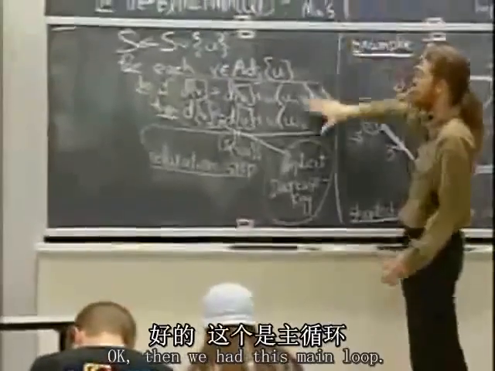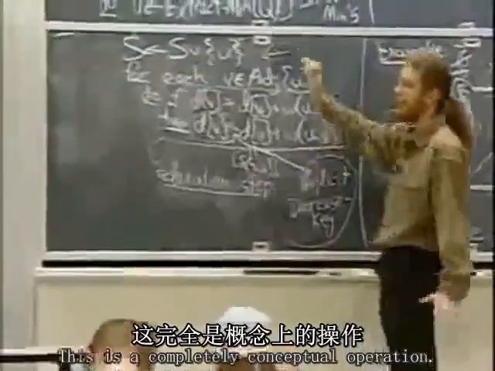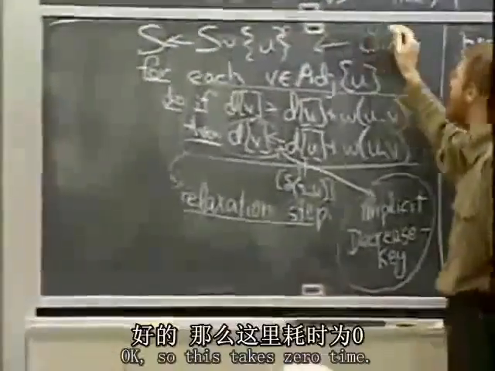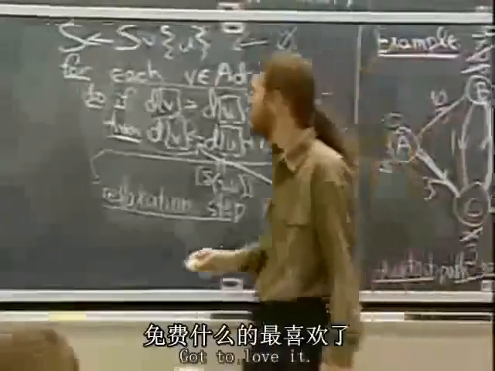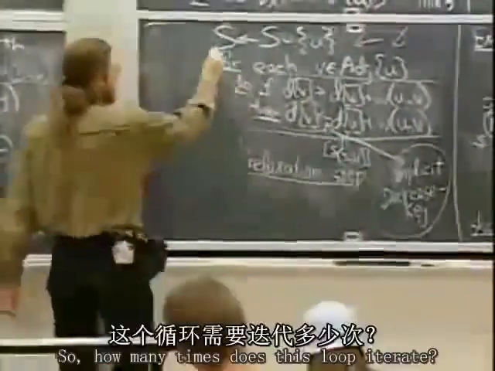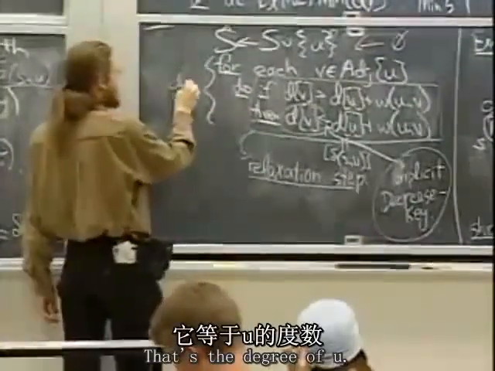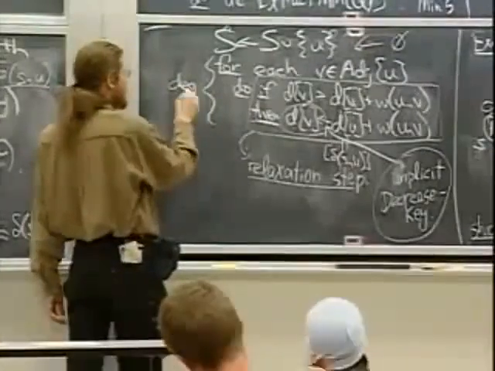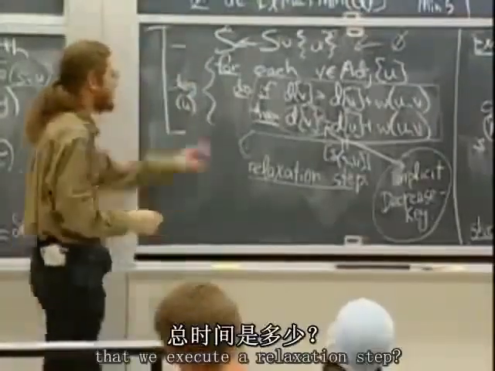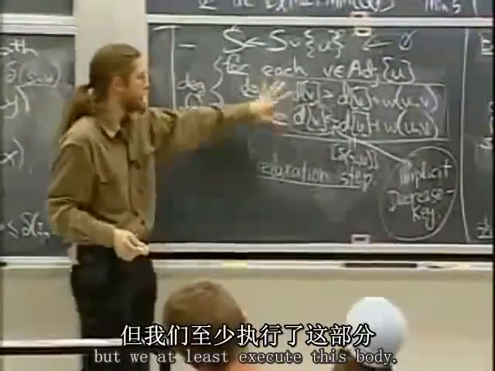Then we had this main loop. This is a completely conceptual operation. S is not actually used in the algorithm. It's just for thinking. So this takes 0 time. Gotta love it. Now the heart is here. How many times does this loop iterate? That's the degree of u. So what is the total number of times that we execute a relaxation step? Doesn't necessarily mean we do this, but we at least execute this body.